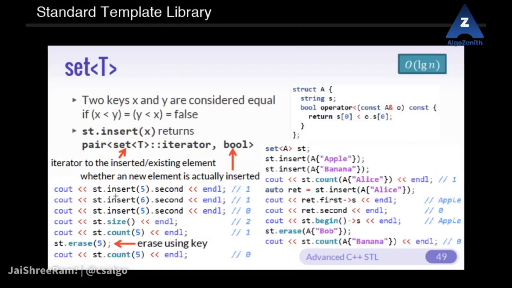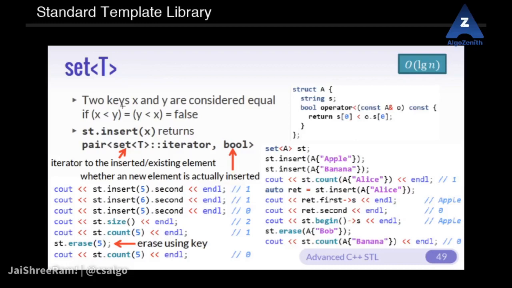Now when you insert an element, it returns an iterator and a boolean. The iterator is the iterator to the inserted element or any existing element that already existed. So a set does not allow you to keep duplicates. A set will only have one instance per key.